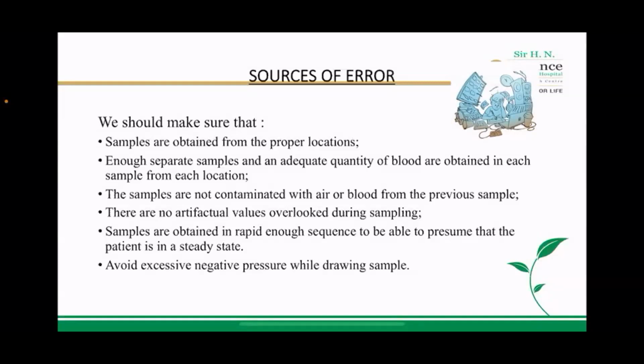You should see that there are no artifactual values. Any value which is too different from the others, you should ignore and take an average of the similar values. Samples should be obtained in a rapid enough sequence, to presume that the patient is in a steady state while you're doing the oximetry run, and avoid excessive negative pressure while drawing the sample.